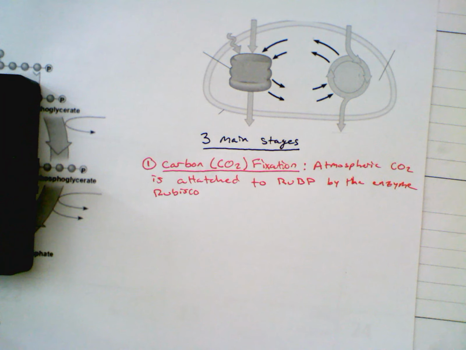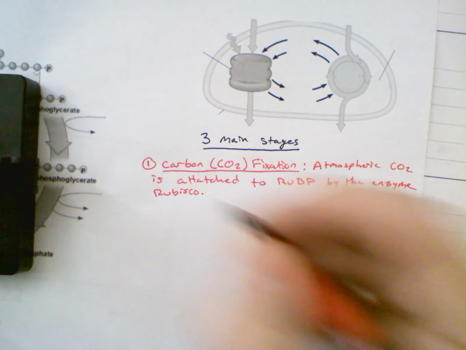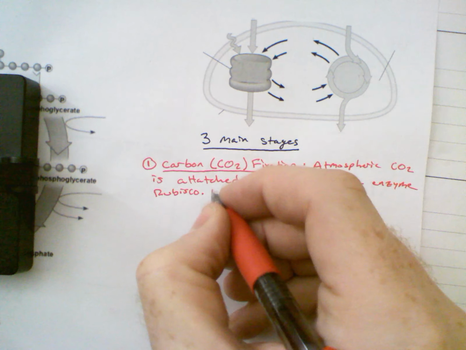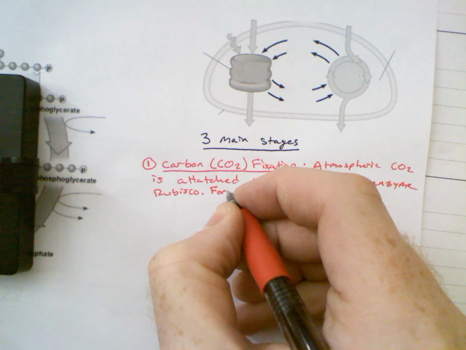I'm not sure. I hope someone just actually named it Rubisco. I'll look into that. It kind of does. So what this is going to do is it forms an unstable intermediate.